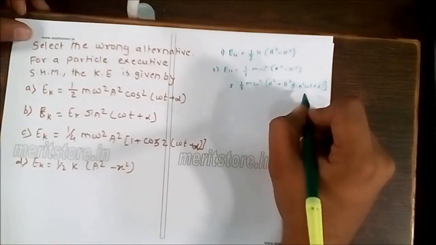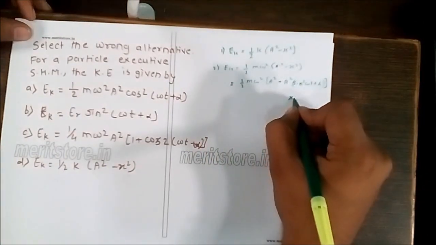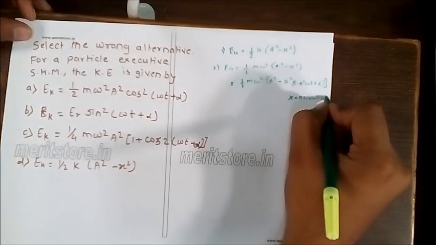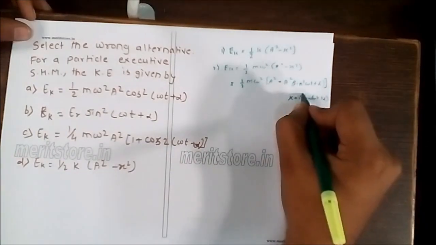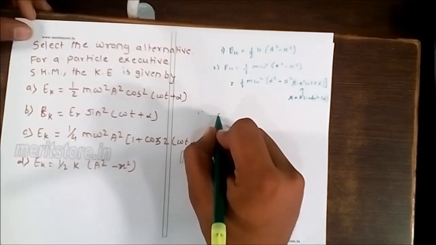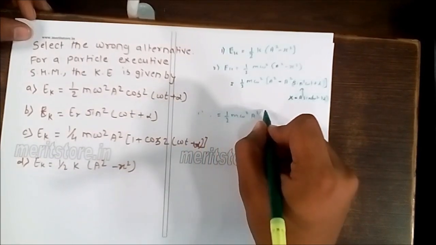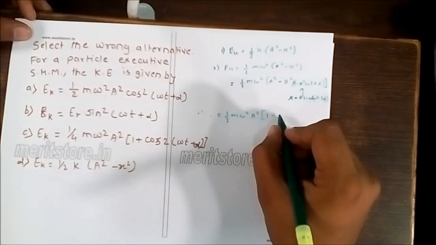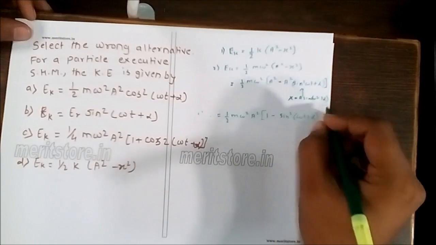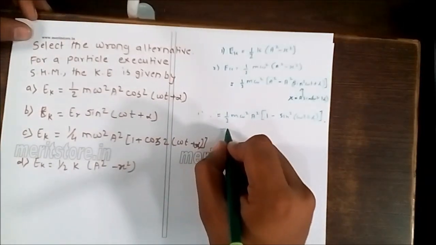Alright, how did we get this? Now putting x here as a sine omega t plus alpha, this equation now becomes half m omega square a square, coming as common, 1 minus sine square omega t plus alpha. 1 minus sine square theta is cos square theta.